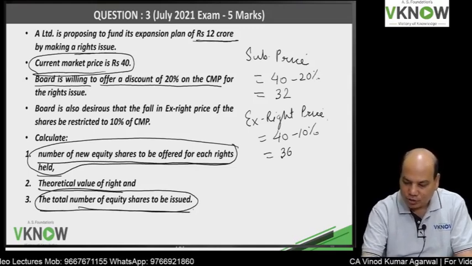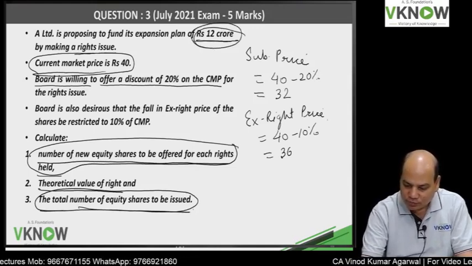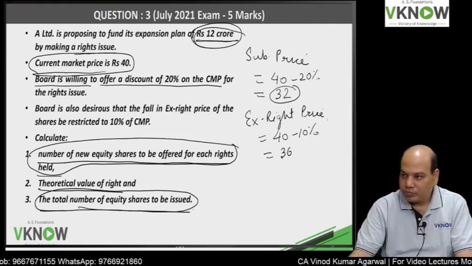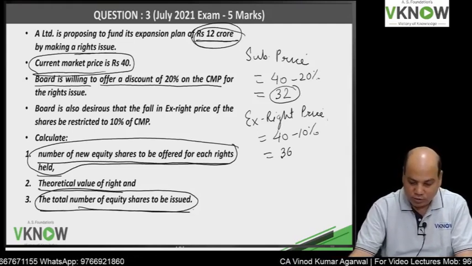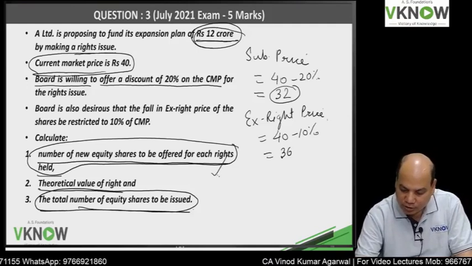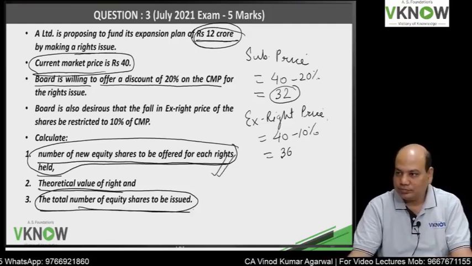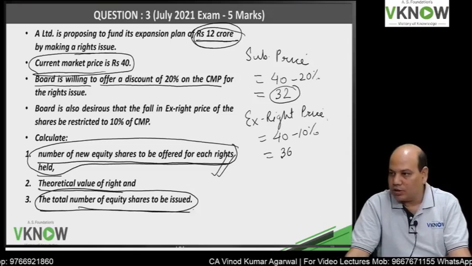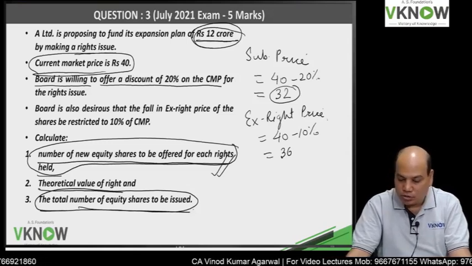Number of shares issued will be: 12 crore rupees you want to raise, and you are going to offer at 32 rupees. So that may be a different, easy question. This question requires the rights issue ratio. Otherwise questions 1 and 3 will become the same.